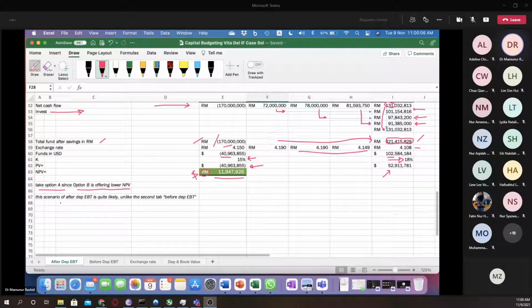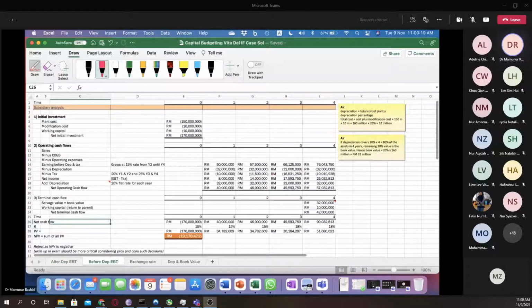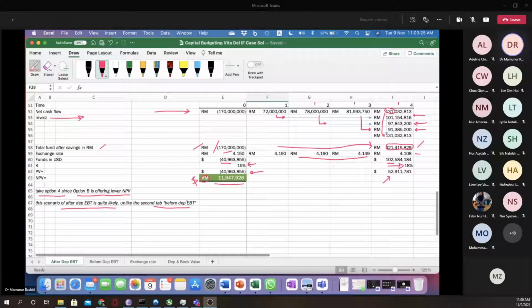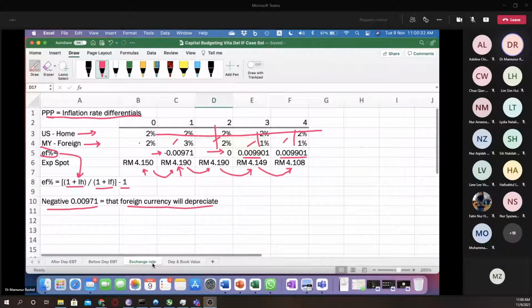Okay, so the scenario of after depreciation EBT is quite likely, unlike the second tab, before depreciation EBT. So you can also look into before depreciation EBT, see how the calculations are different. But our main consideration is after depreciation EBT. As additional calculation in the exam, you have to show exchange rate calculation.